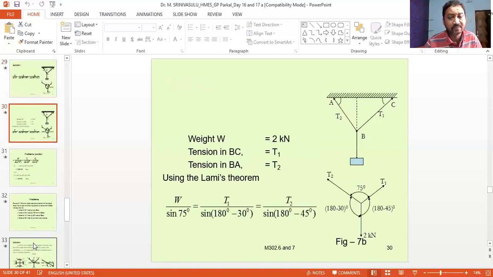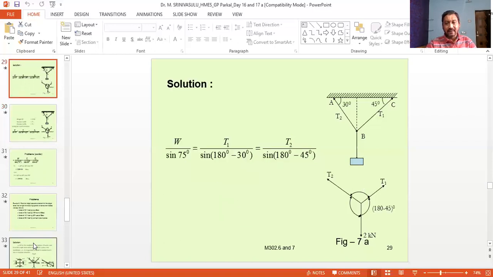Now using Lami's equation, this is also similar to the previous one. This was given as 60 and this is 30, and the angle between T1 and T2 will become 45 plus 30, which is 75 degrees.